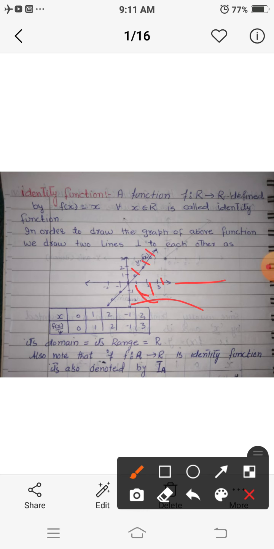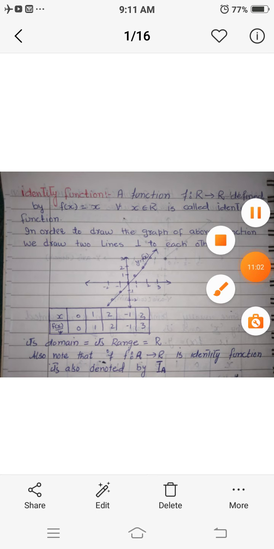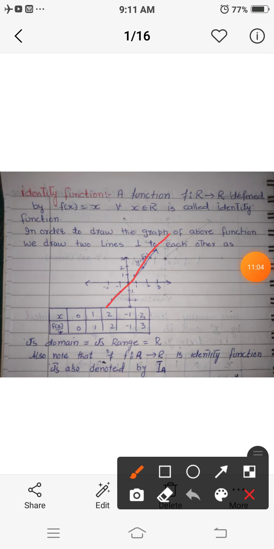Similarly for negative numbers, when x is minus 1, y is minus 1, x is minus 2, y is minus 2. So we get points like this. Now when we join these points, the graph obtained is like this. It is a straight line passing through the origin; this is the identity function.